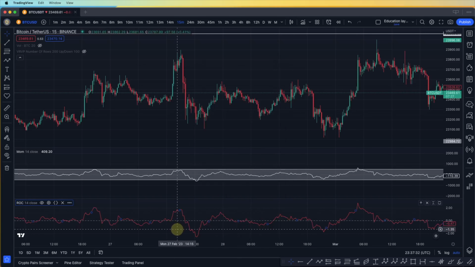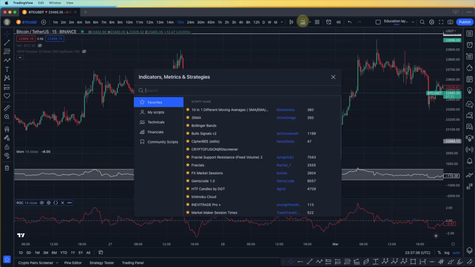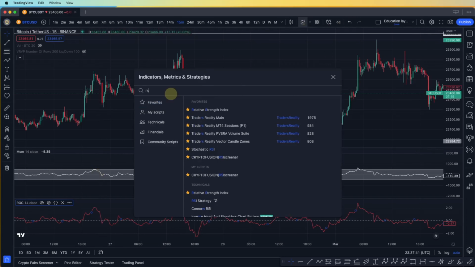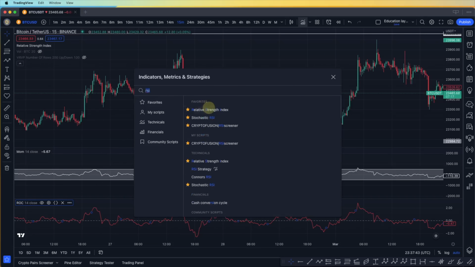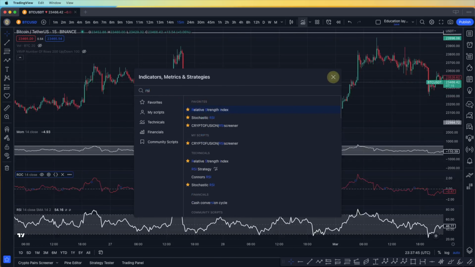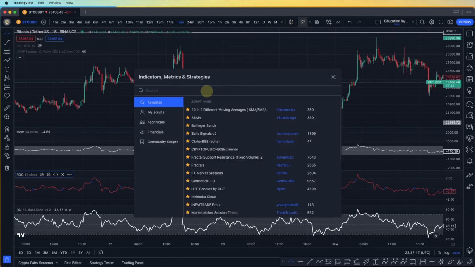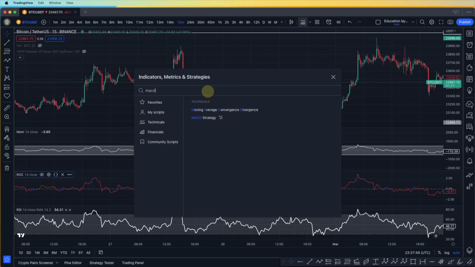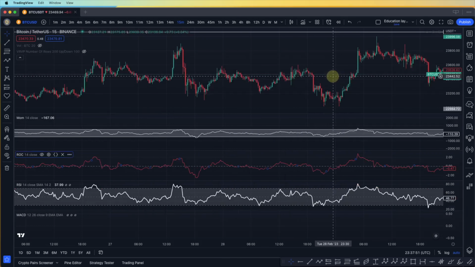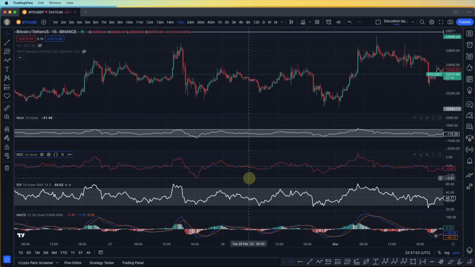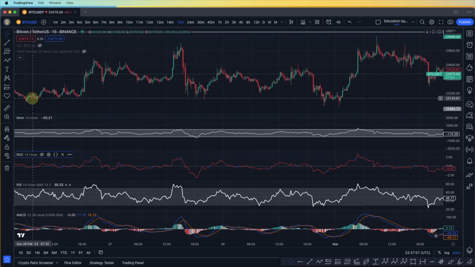Just one more thing that I'm going to mention. A lot of people have RSI, MACD, and others on the chart, but all of those show us exactly the same thing.